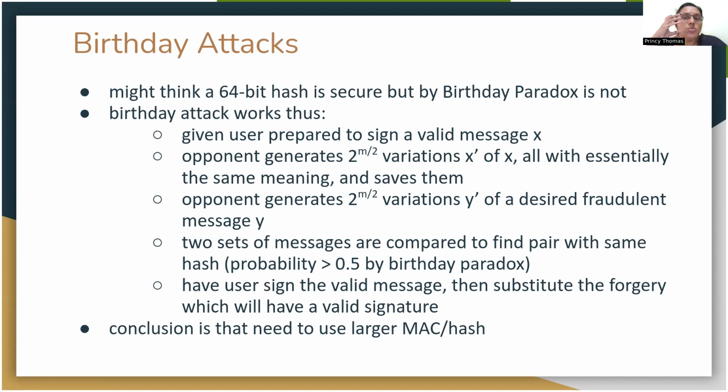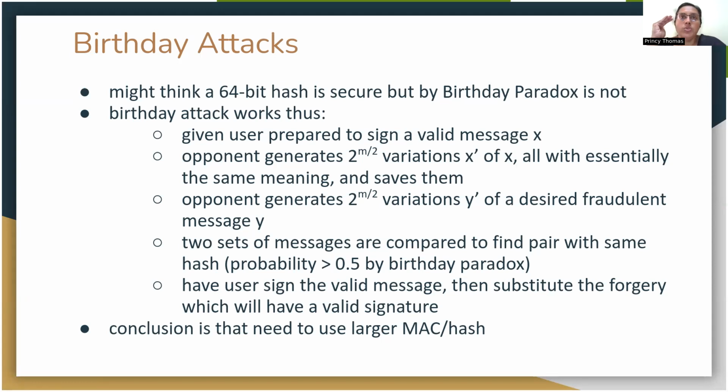From 2 raised to m by 2, we should be able to find, for small bit hashes, a message which has got the same hash. So the opponent takes the original message X and finds 2 raised to m by 2 variations of X. Not exactly the same, but the meaning is somewhat the same. And he saves them.